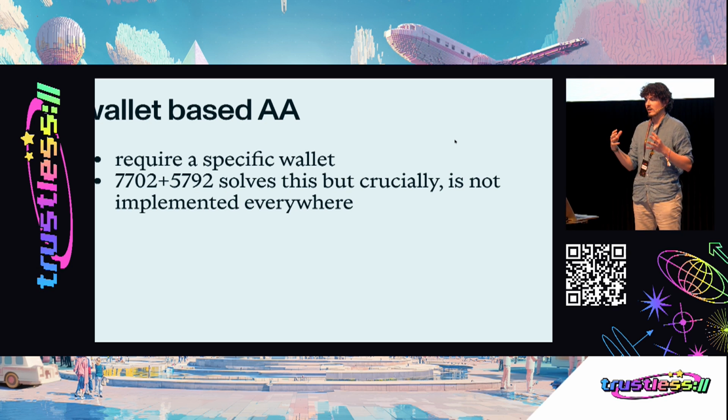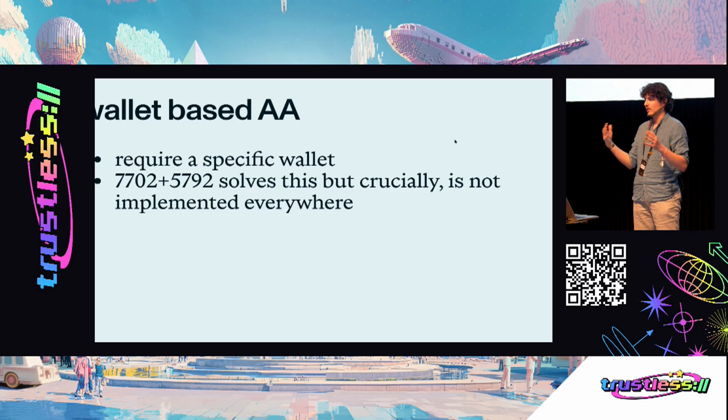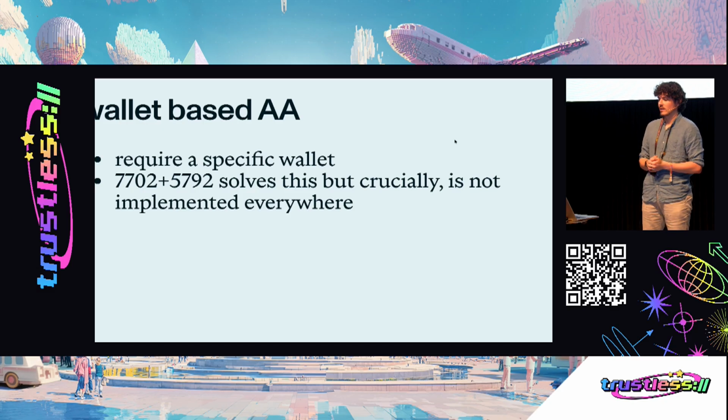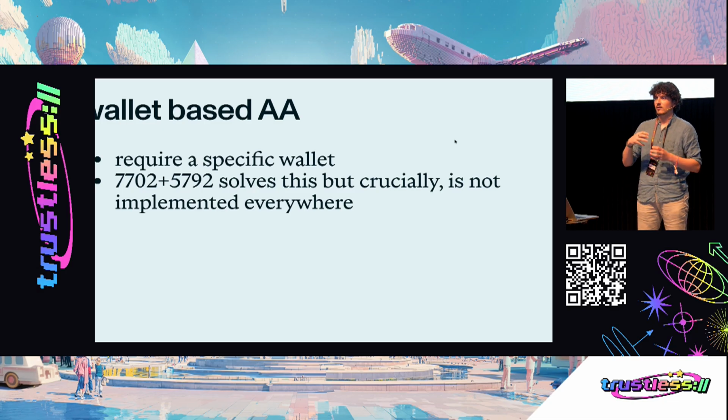7702 is a great specification. However, many wallets, unfortunately, do not implement 7702, and as such, we can't give the benefits of 7702 to every single user, like all of the account abstraction stack. And that's a significant problem for ENS because we want to reach as wide an audience as we possibly can.